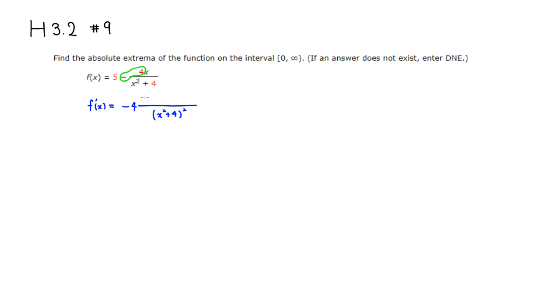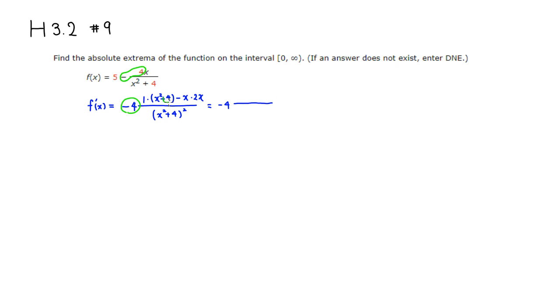So the derivative of x is 1 times the denominator, which is x squared plus 4, minus x times the derivative of the denominator, which is 2x. So we got that. Then if you clean this up, the negative 4 is outside, and here we have 4, the negative 4 already taken care of.